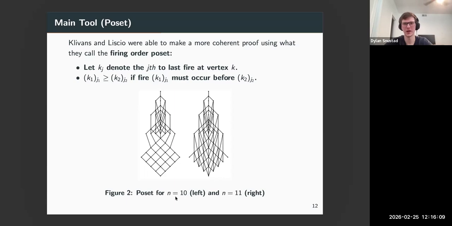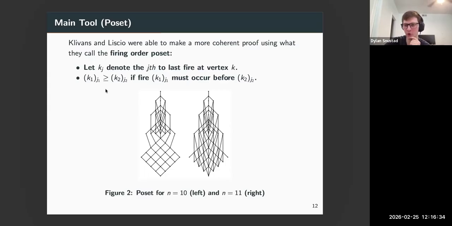They say we can turn this into a poset by saying our elements are going to be k sub j, where this denotes the jth to last fire at vertex k. So k represents my labeled vertex, and the sub j represents the last fire, second to last fire, third to last fire that takes place on that vertex.